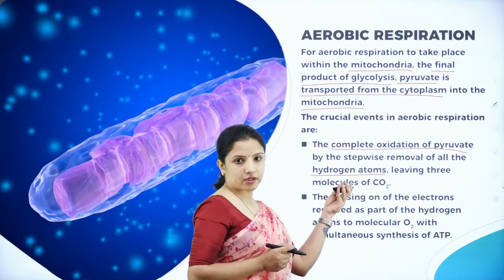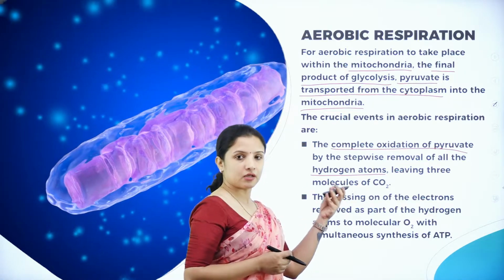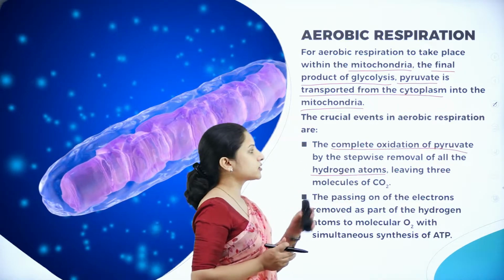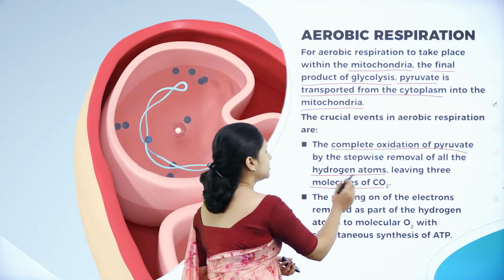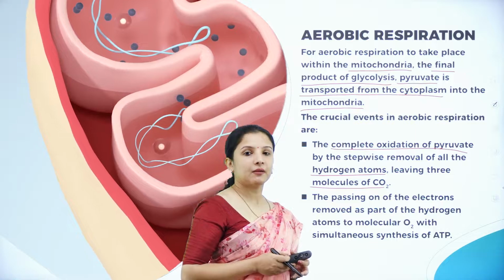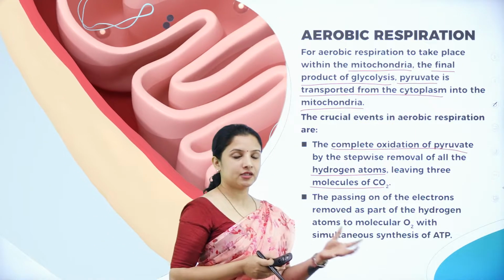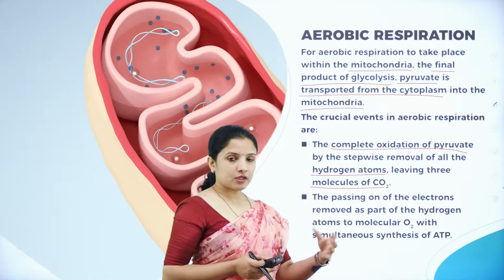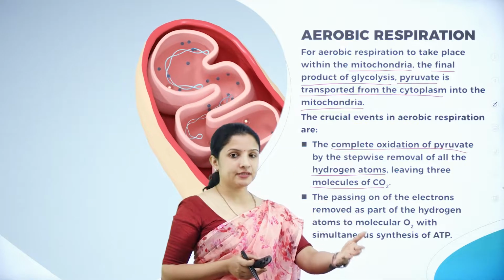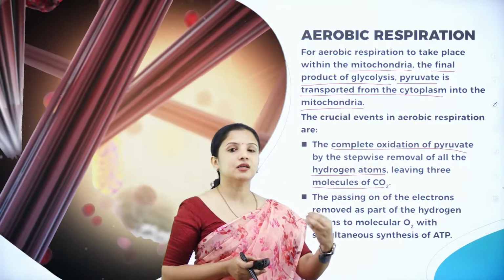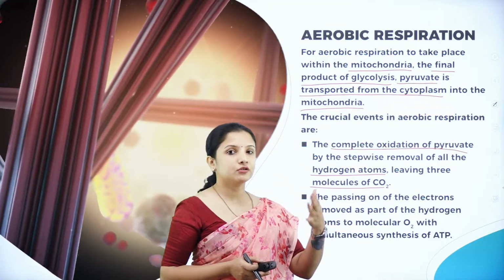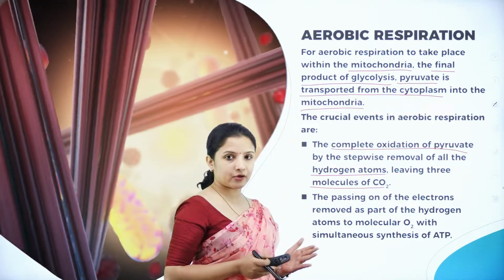So hydrogen atoms should be released, therefore leaving 3 molecules of carbon dioxide. So carbon dioxide will also get released here. When hydrogen is released, oxygen will be utilized, and 3 molecules of carbon dioxide will also get released during this particular aerobic process.